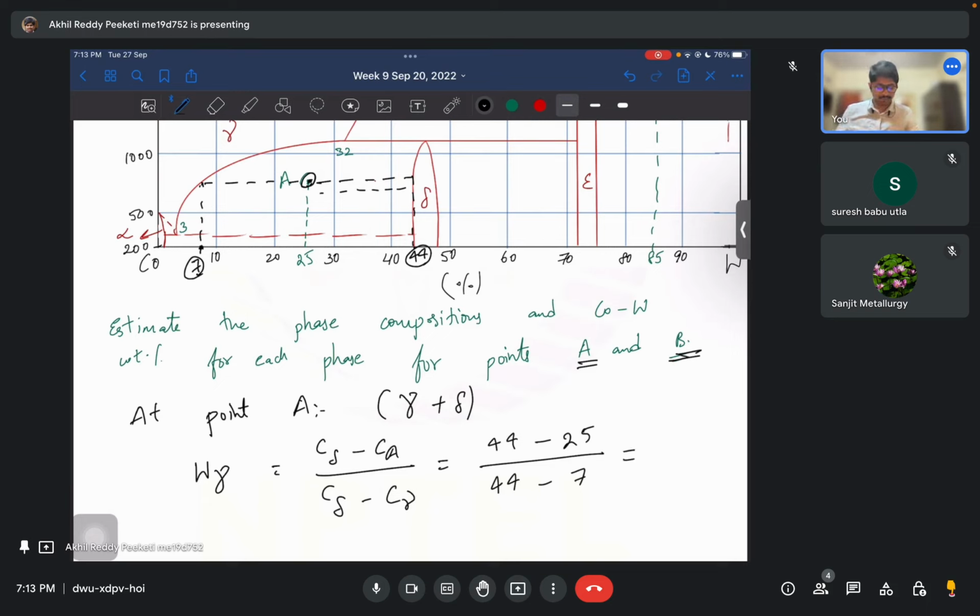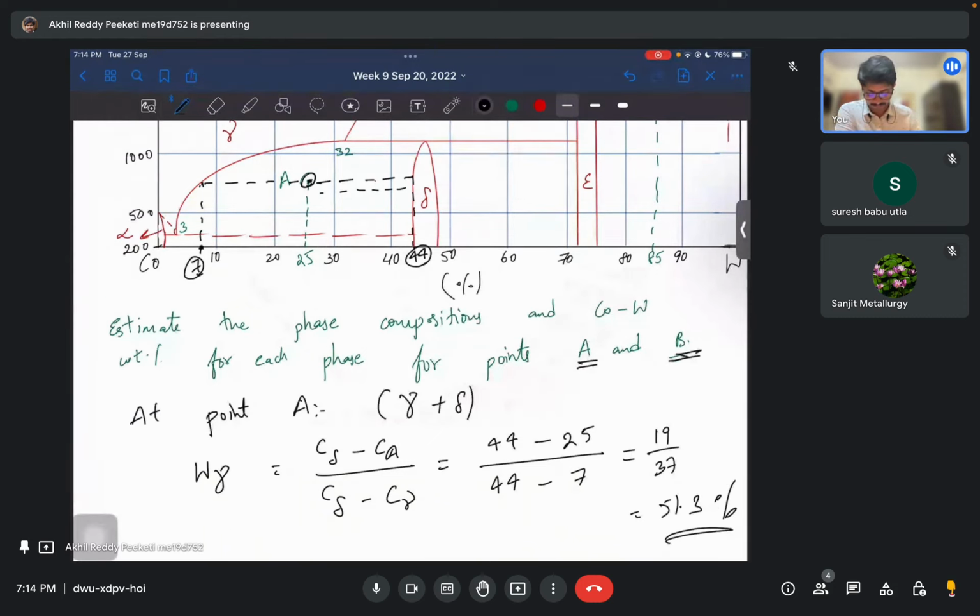Okay. So if we calculate that, 44 minus 25, 19 by 44 minus 7, that is 51.3%.